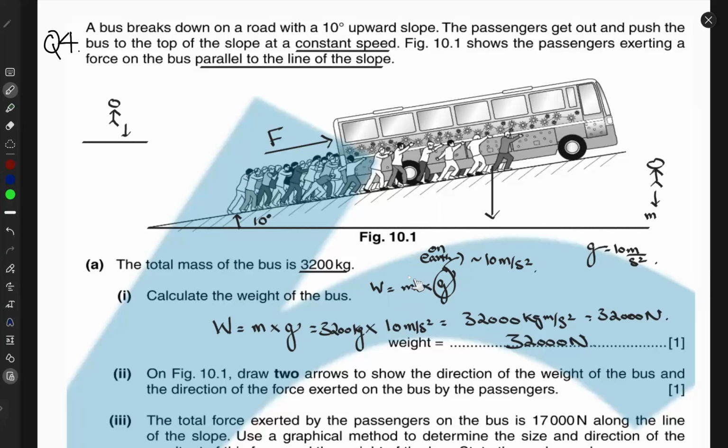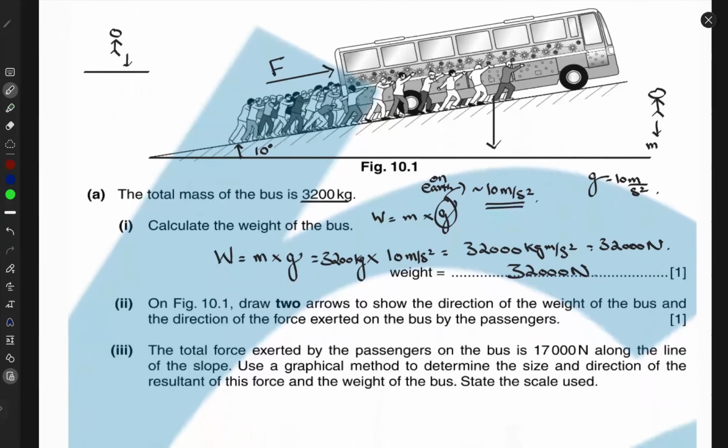Your mass is still the same, but the weight will vary depending on the value of this g. So all I have to do to compute the weight is multiply the mass with the acceleration due to gravity, which is on Earth 10 meters per second squared. So all I have done is multiplied this 10 with this 10. So that's clear, right?